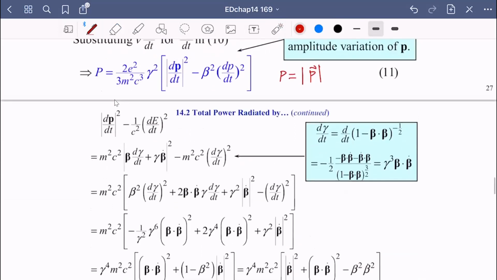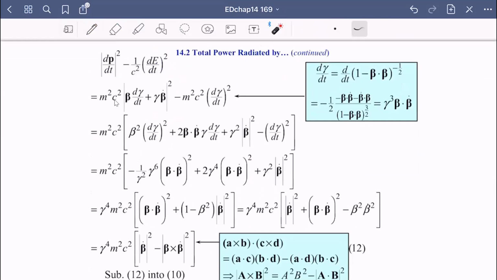So we can rewrite this equation again. Rewrite this expression to here, to this one. So this one, we know another expression.